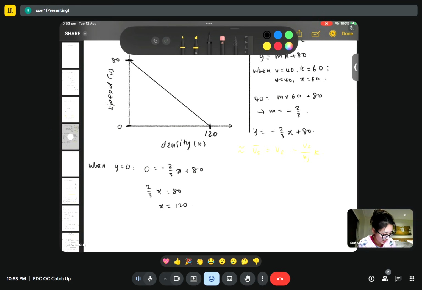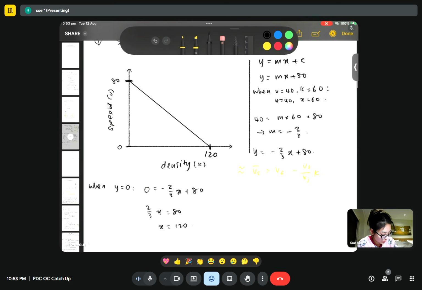And then actually I can label these points now. These are special points. This x-intercept here is going to be the maximum density possible, so this is going to be named jam density. And this value here is the maximum speed you can do with 0 density.